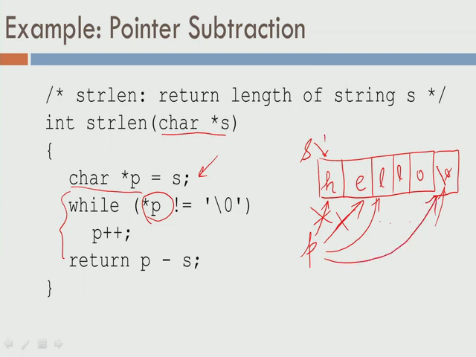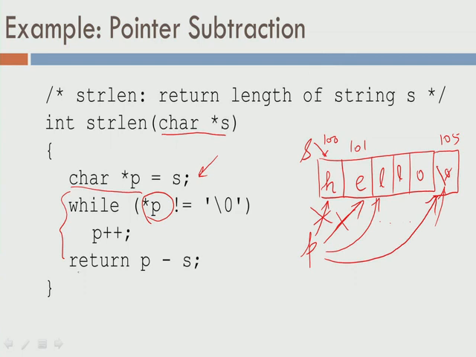So, let us assume that this is at location 100, this is at 101 and so on, this will be at location 105. So, when the while loop stops, right, the while loop will stop when star p is equal to 0, right. When is star p equal to 0? When p is 105, star p is \0, which means when p equals 105 the loop will stop, right.